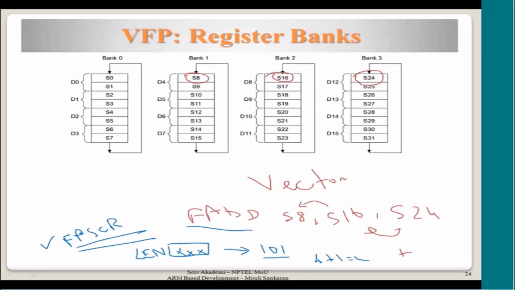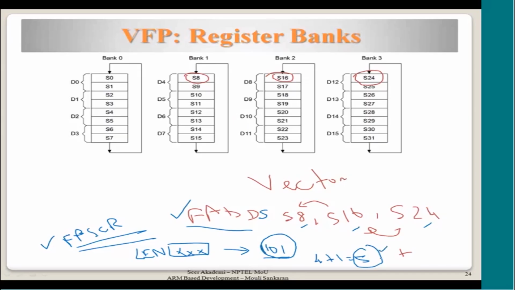When you perform this arithmetic, mentioning these registers and the instruction, please remember this instruction is executed by the VFP. It looks at this bit pattern in the FPSCR. It sees that there is a 5.